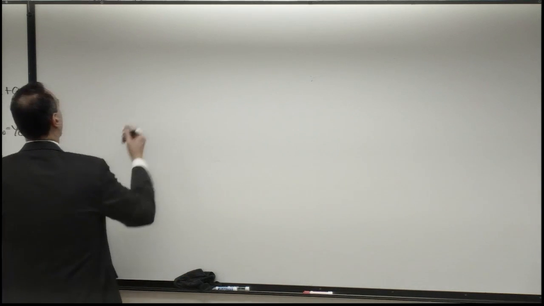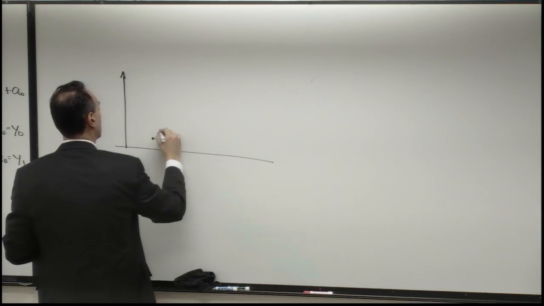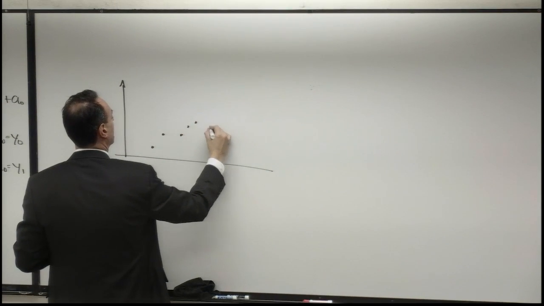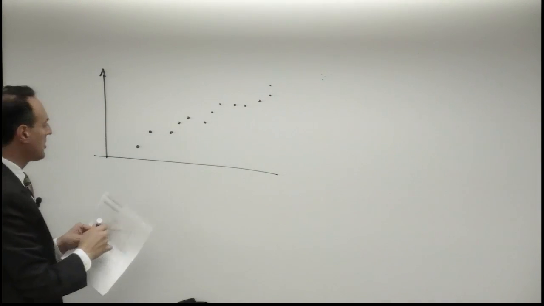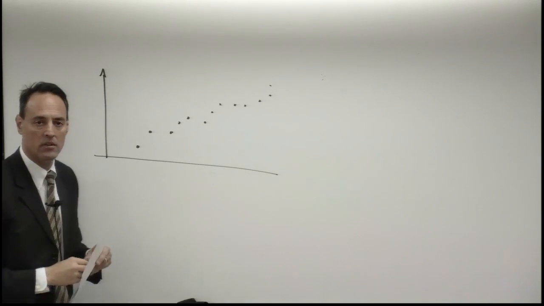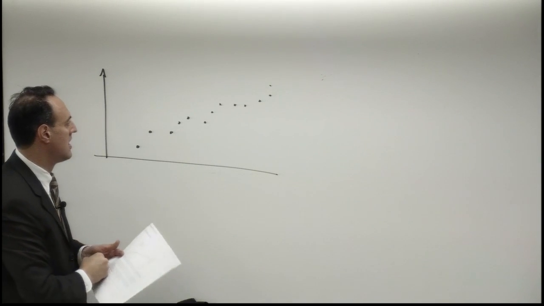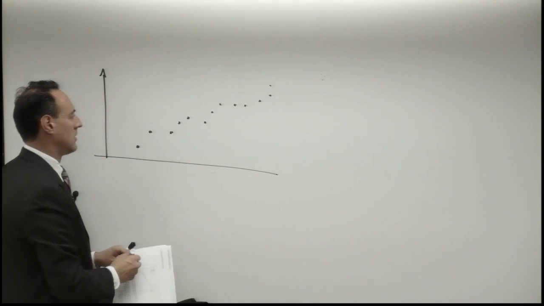So let's go back here to some picture, some data. And suppose actually I really want a curve that goes through that data, really goes through the data points. I don't want all this polynomial wiggle going on.